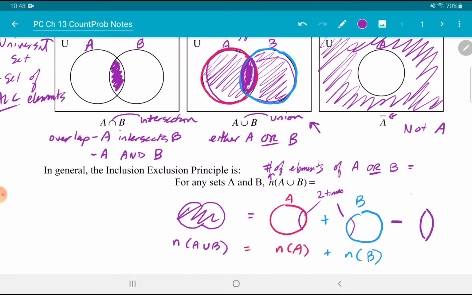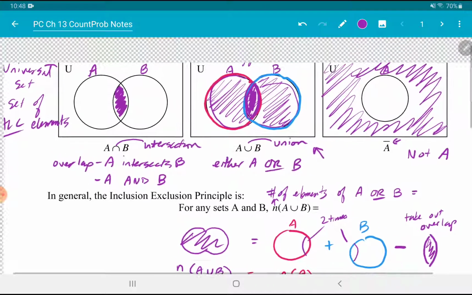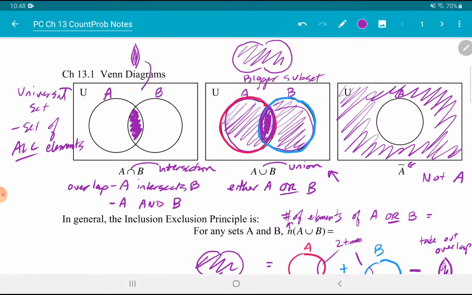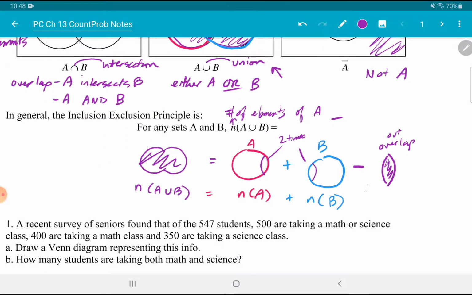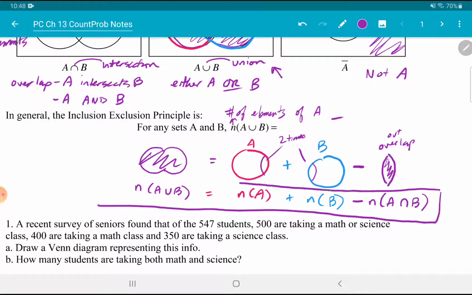There shouldn't be an overlap. So we want to take out the overlap, and so we subtract that middle section. What's that middle section again? Well, if you recall from our first diagram, the middle section is the intersection of A and B. So I'm saying minus the number of elements of A and B. So this is going to create our inclusion-exclusion formula that you can use to find the number of elements contained within a certain part of the Venn diagram. And in our next video, we'll take a look at some examples of how we can do that.